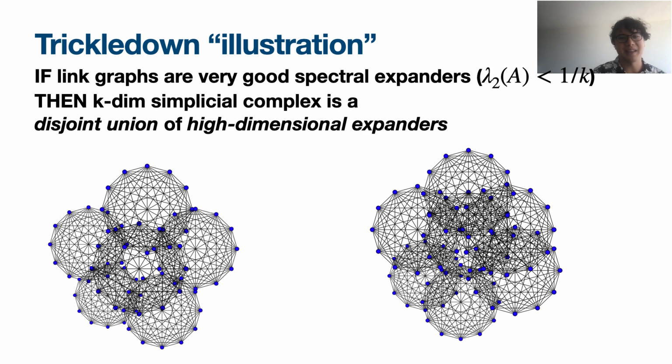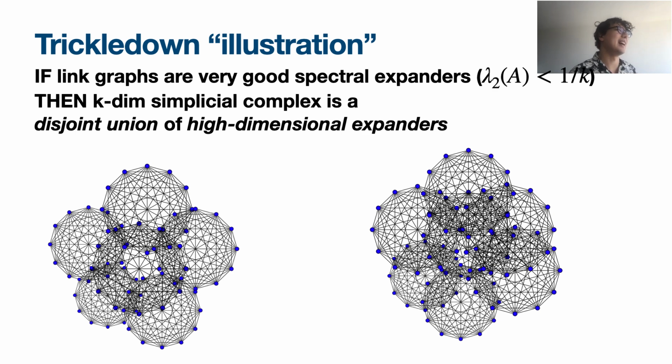Okay, and this is a pictorial story about trickle-down. Basically, trickle-down says, if locally you're really, really good at expanding, then your high-dimensional object is a disjoint union of high-dimensional expanders. And it's an important thing to think about. Locally, you can't really tell if you're connected, right?